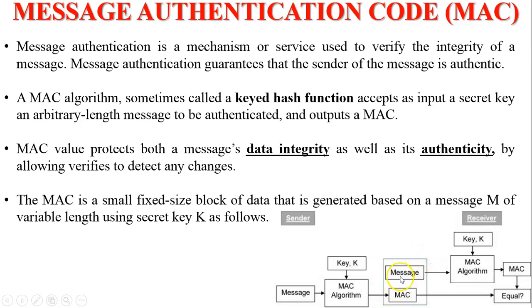At the receiver side, the message and MAC are separated, and then a MAC is generated from the original message with the help of the MAC algorithm and key K. If the appended MAC and generated MAC are the same, it means there is no modification in the message, and this message is authentic. So the receiver will accept that message.